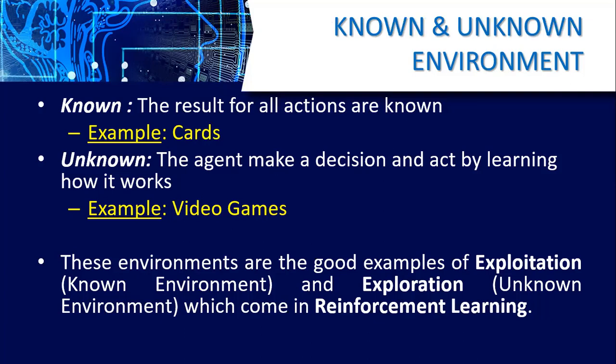But if the prediction of the output cannot be decided, then it is called an unknown environment. Example, video games. In a video game, like driving a car, or you can take Free Fire, you can't predict what the next action will be, as the environment changes dynamically. So an unknown environment is suited to a dynamically changing environment.